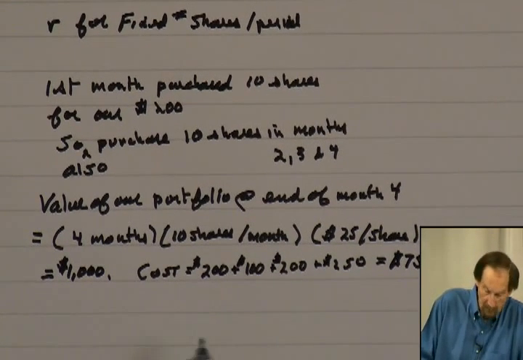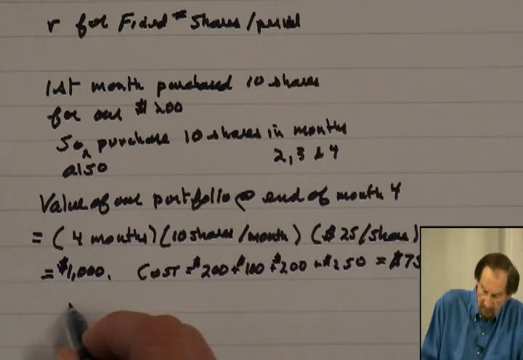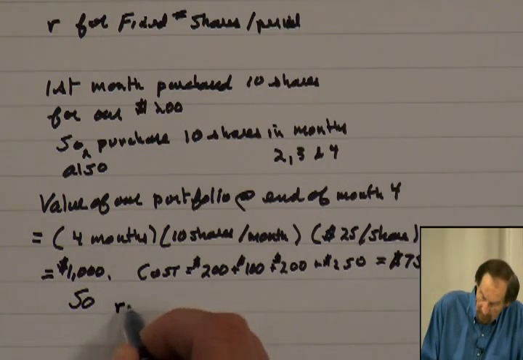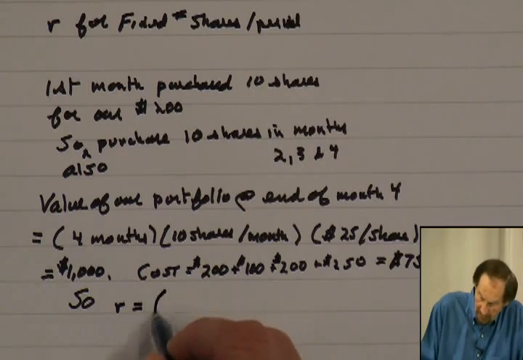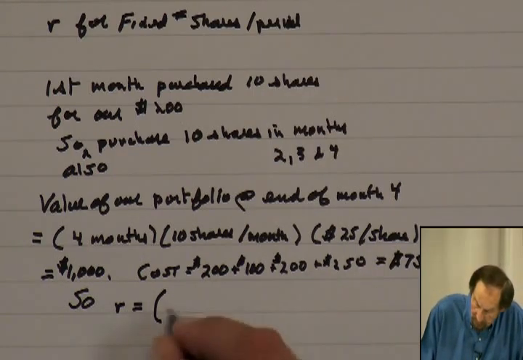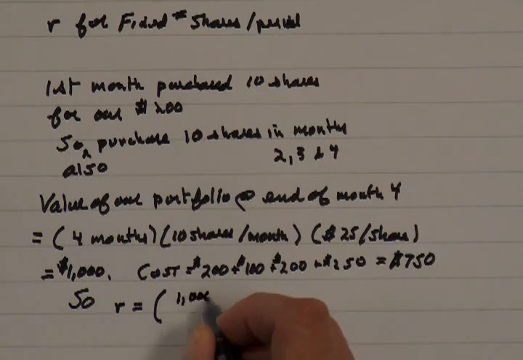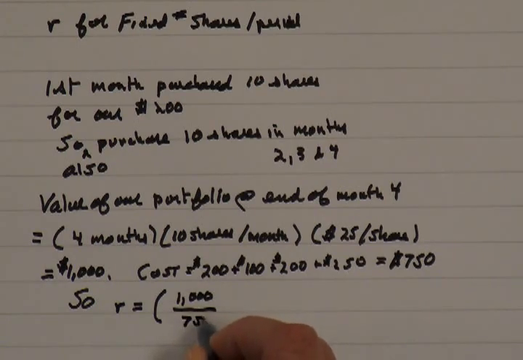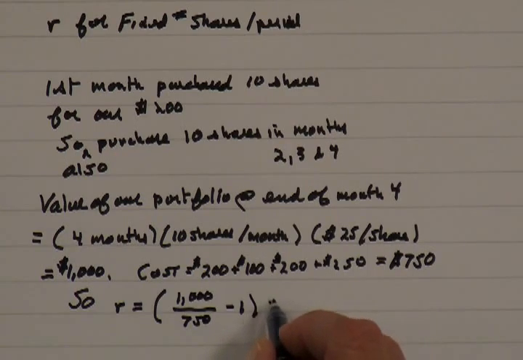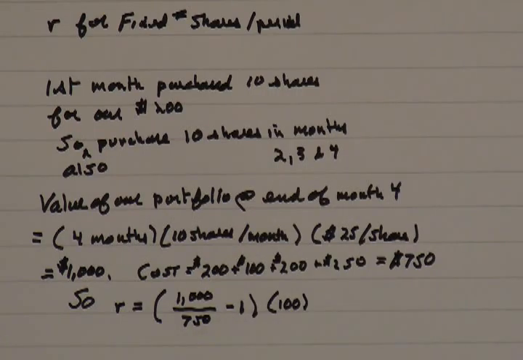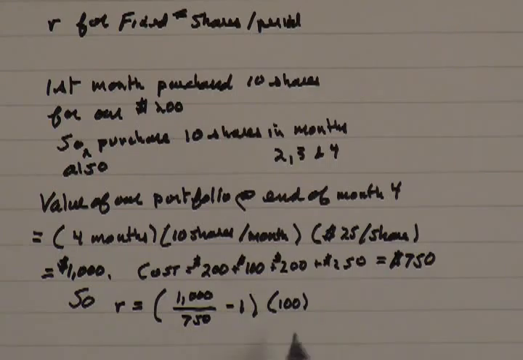So the rate of return, R, equals what? Equals the value, which is 1,000, over our cost, 750, minus 1, times 100. And what we have here is 4/3 minus 1.